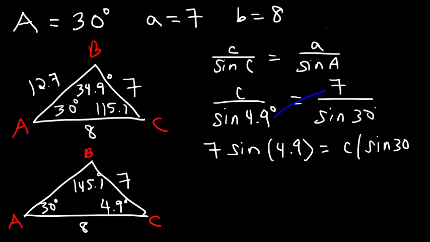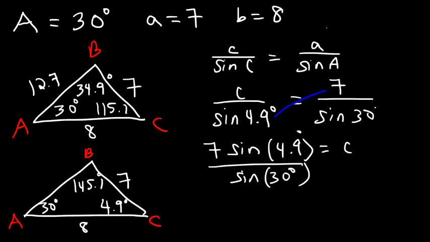And then we're going to divide both sides by sine 30. So 7 times sine 4.9 divided by sine of 30, that's going to give you, I guess you could round it to 1.20 or just 1.2.